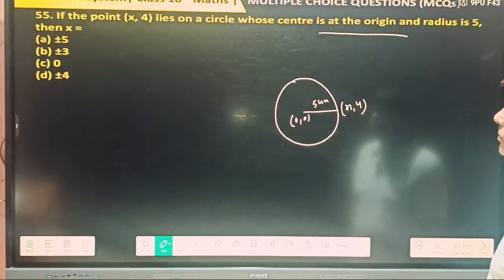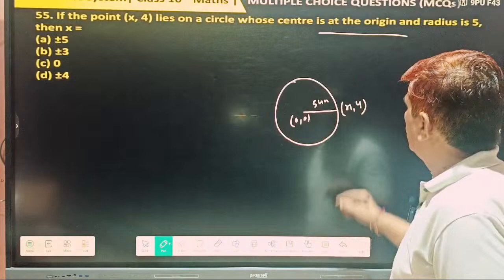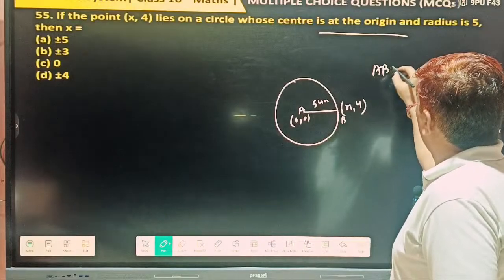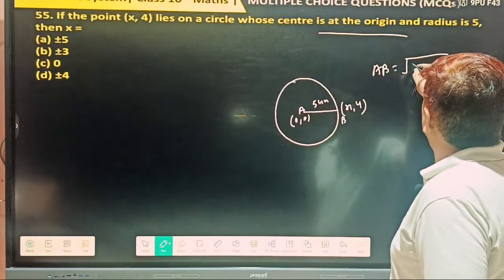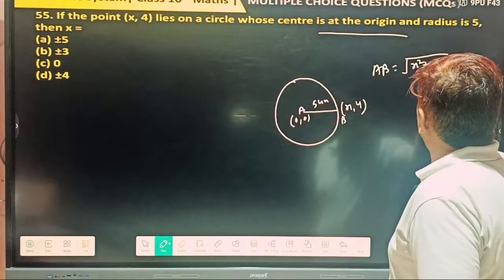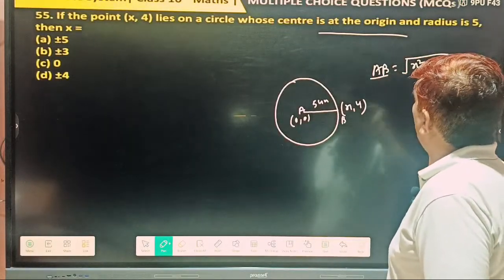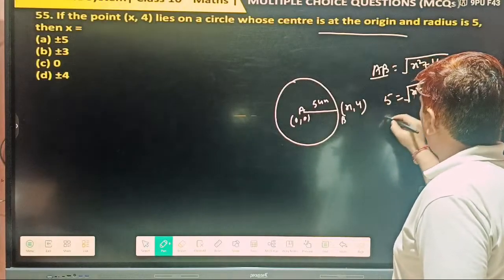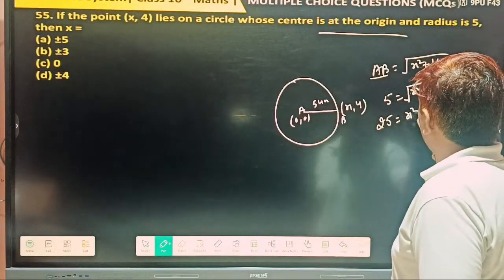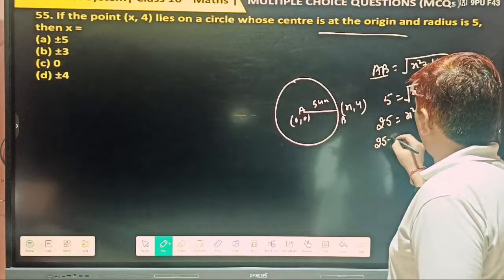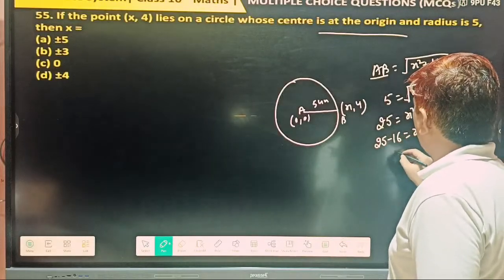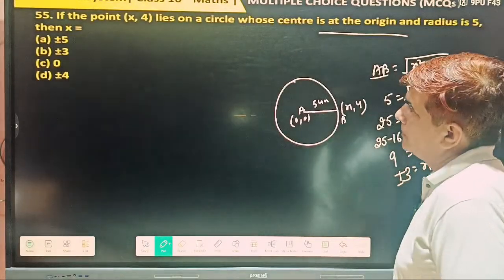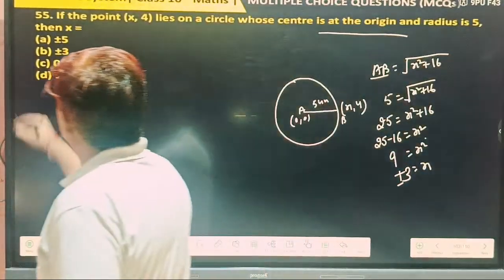So distance, this is A, this is B. AB equal to under the root x minus 0 whole square plus 4 minus 0 whole square, 16. And AB is 5, equal to the root of x square plus 16. Squaring both sides, 25 equal to x square plus 16. So 25 minus 16 equal to x square. So 9 equal to x square. So what's your x? Plus minus 3. Anywhere given plus minus 3? Yes, given. This is.